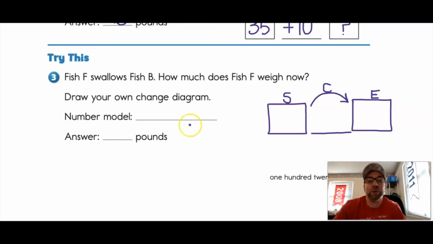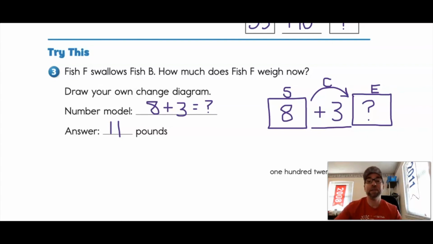I want you to try and finish problem number 3 all by yourself. Press that pause button. When you're done, press play to see if you are correct. Go ahead and hit that pause button and solve problem number 3.